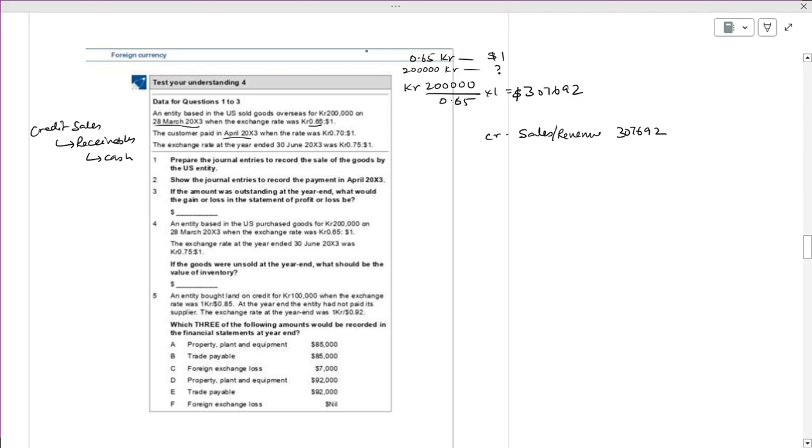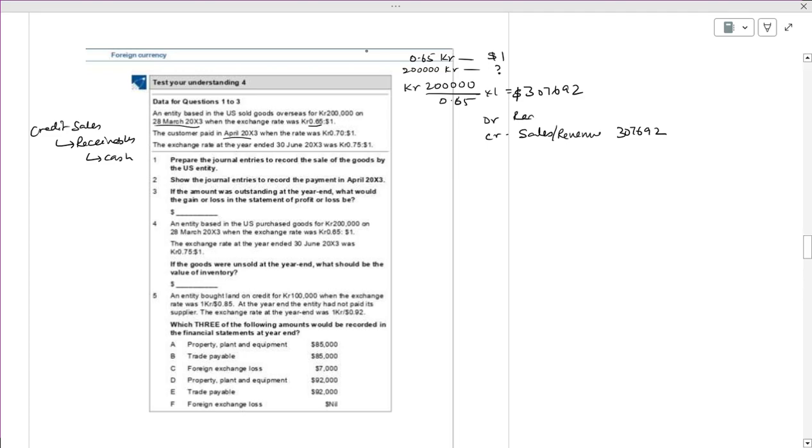Now you have not received it. You will receive in future. It means it is your receivables. It is an asset. Receivables is a current asset. When the current asset increases, it will be debit.